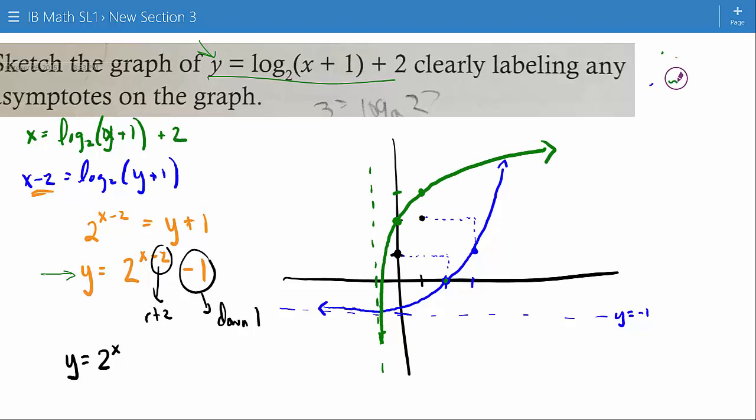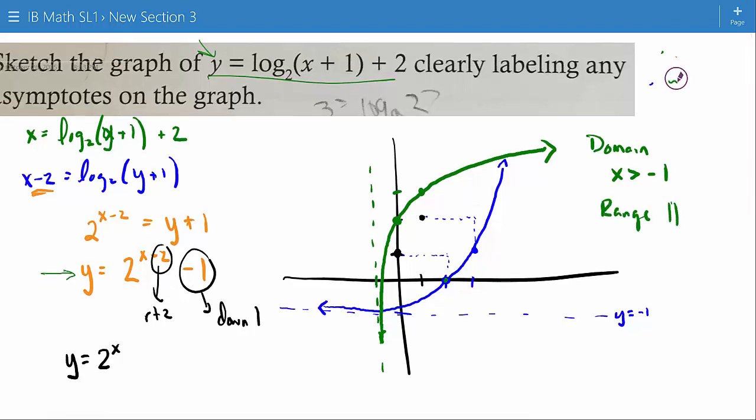And we get that green graph that has a domain of x has to be greater than negative 1 and a range of all real numbers. And this is what we should expect if we think about the transformations of the logarithm of any function.